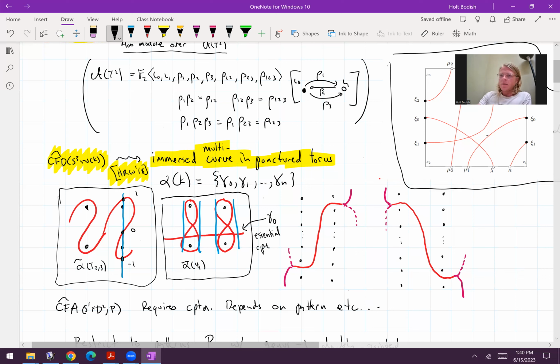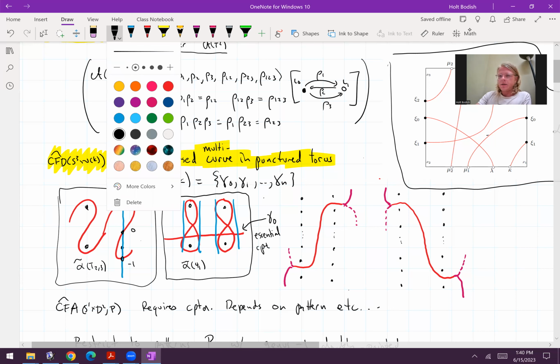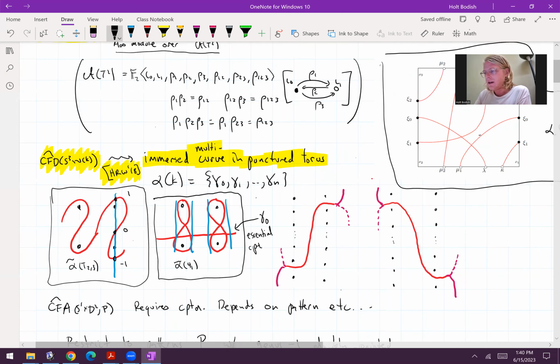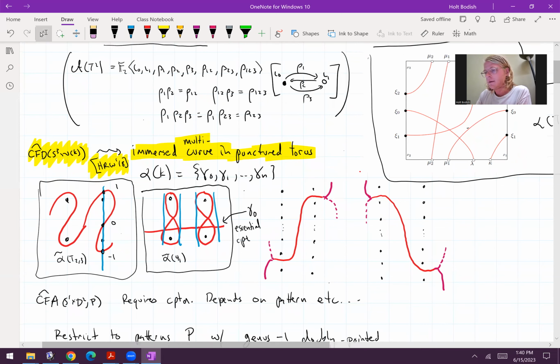The essential component of the immersed multi-curve is the unique component of this collection of immersed curves in the torus that is not contained in the neighborhood of the base points when I lift it to the universal cover. And its behavior, its shape, is determined by two auxiliary invariants you can associate to the knot Floer homology of a knot, namely tau and epsilon.